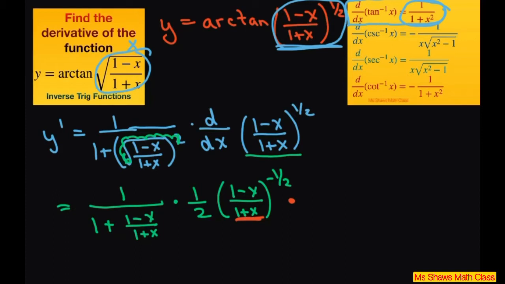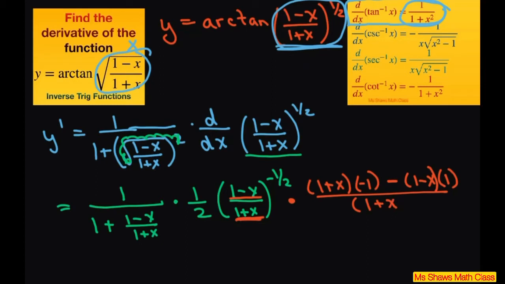So we write down our denominator, 1 plus x, times the derivative of your numerator, which is negative 1, minus, copy down your numerator, times the derivative of your denominator, which is just 1, all divided by (1 plus x) squared, your denominator squared.